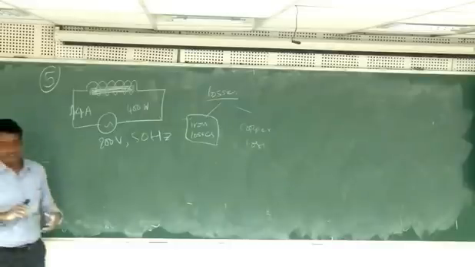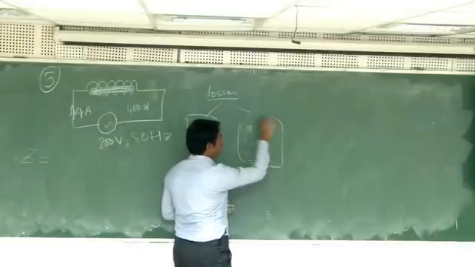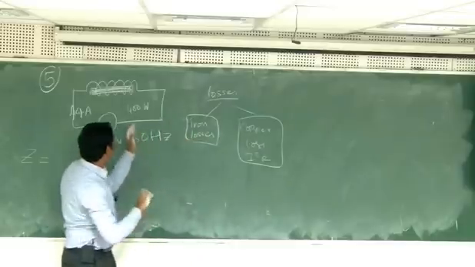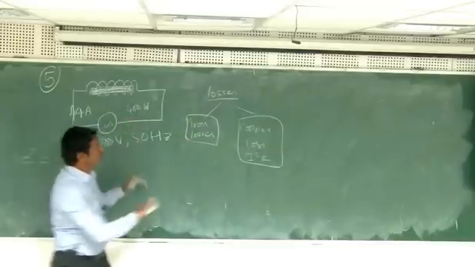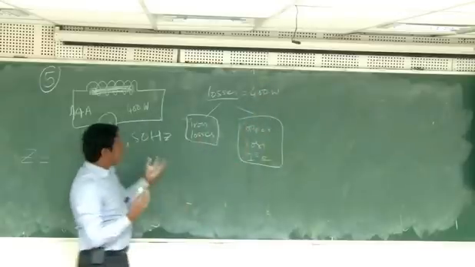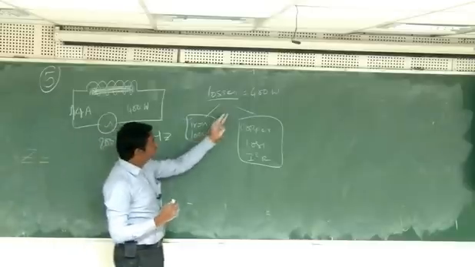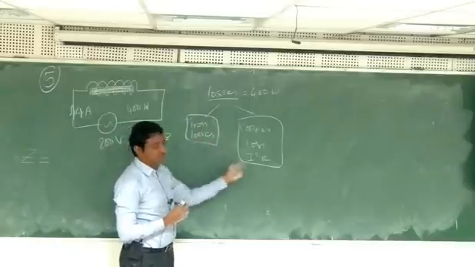Because of that resistance there are I square R losses. That is the copper losses. So this 400 watts is the power consumed from this source, and it is split between these two.